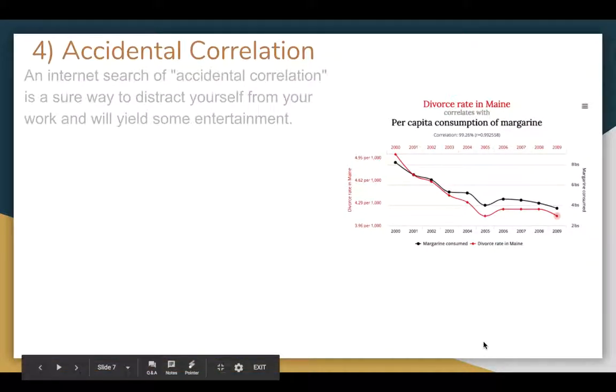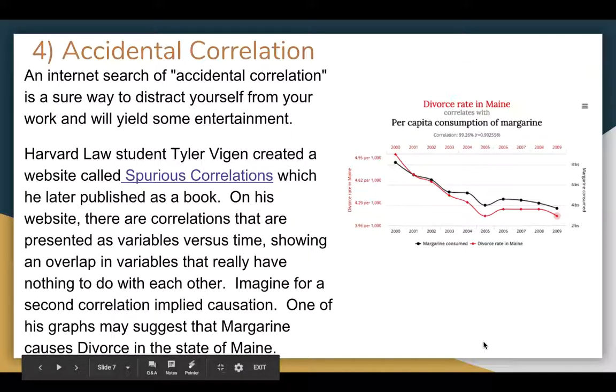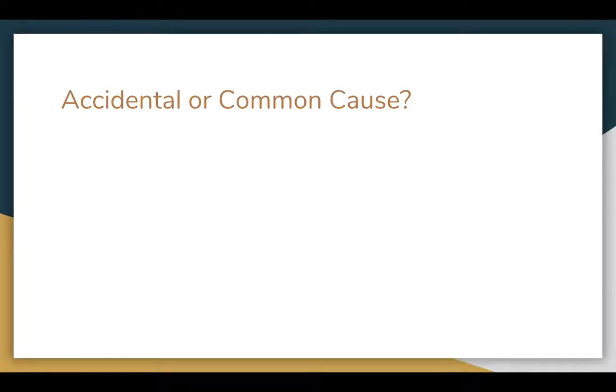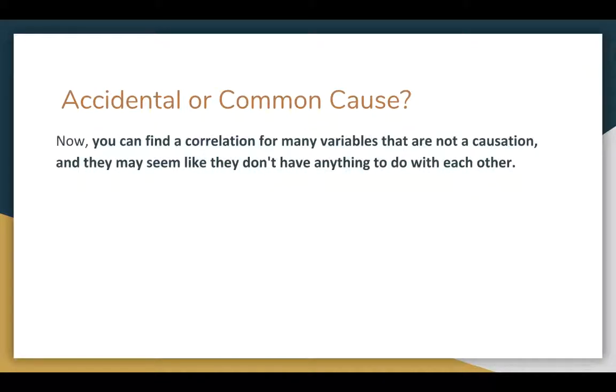Accidental correlation. This is a fun website to go to, spurious correlations, and there's a book on it too. This one is talking about the divorce rate in Maine versus the per capita consumption of margarine, with an R value of 0.99, which is really high. The question with accidental correlation is to ask if it's a common cause.